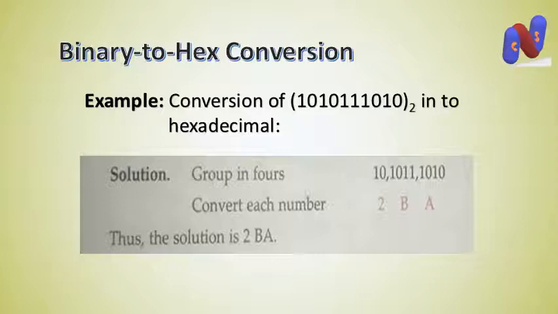The value of 1010 is 10, which is denoted by A. The value of 1011 is 11, which is denoted by B, and the value of 10 is only 2. So when we convert the binary number 1010111010 into a hexadecimal number, we get its equivalent as 2BA.